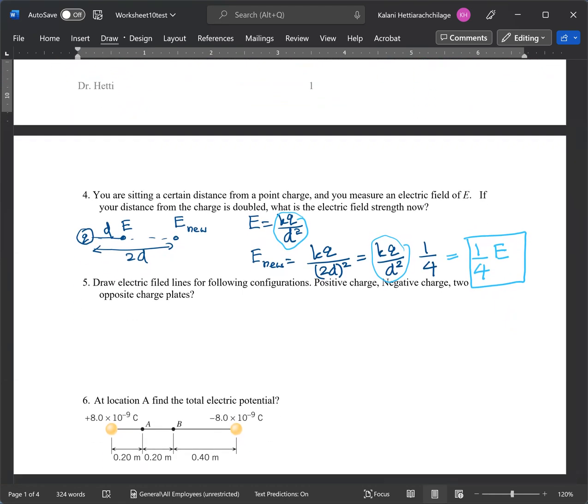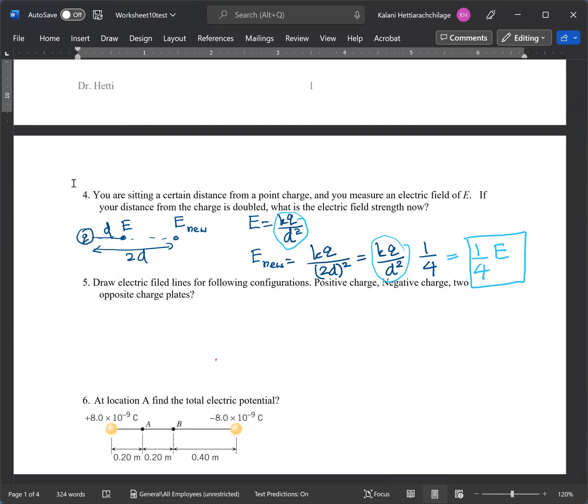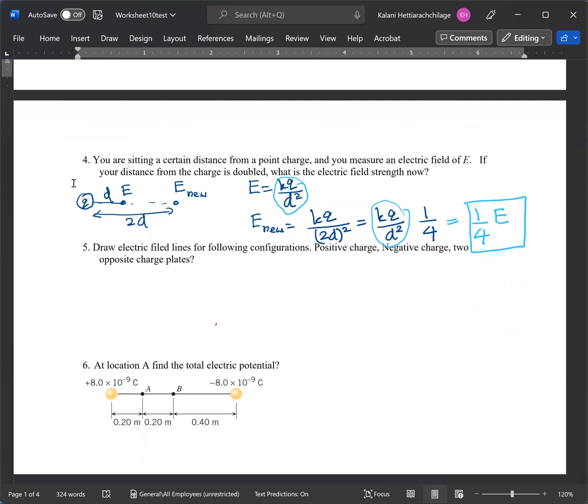Okay. So now the next question is asking you to draw the electric field lines for a positive charge, a negative charge, and two opposite charged plates separately. So the first one is the positive charge. Electric field basically starts from positive charge and ends at negative charge. Because of that, your electric field lines from the positive charge go away from the charge.